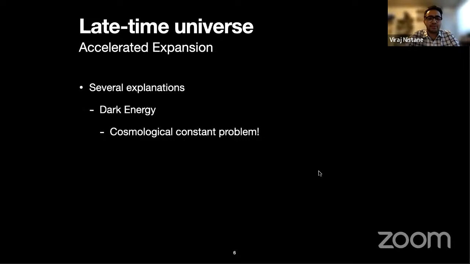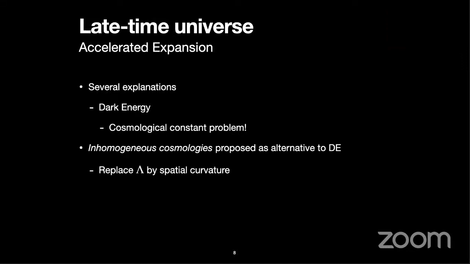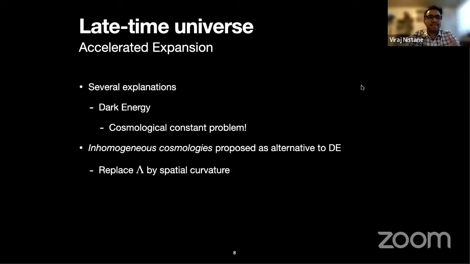So in search of easier alternative solutions to this mystery of dark energy, inhomogeneous background universe models were proposed to explain the accelerated expansion in the late times. The idea is to simply replace Einstein's cosmological constant in the Friedmann equation by the spatial curvature density.